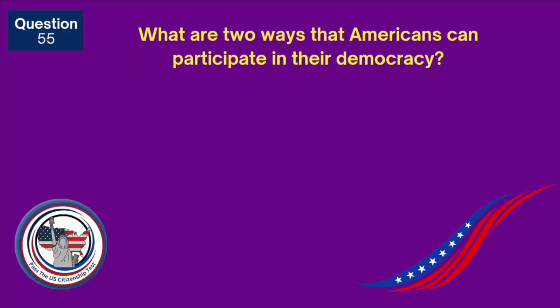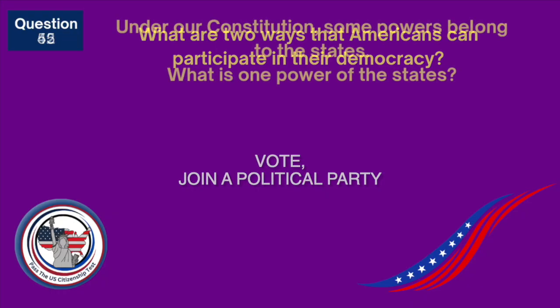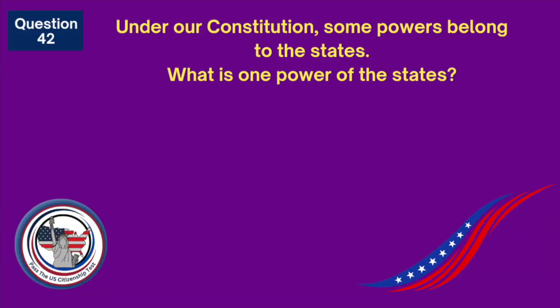What are 2 ways that Americans can participate in their democracy? Vote. Join a political party. Under our Constitution, some powers belong to the states. What is one power of the states?